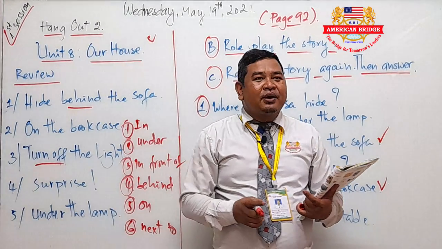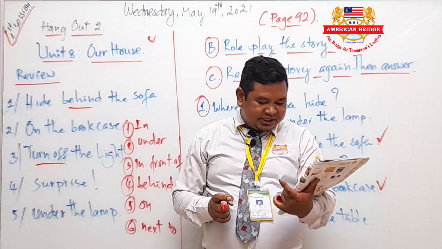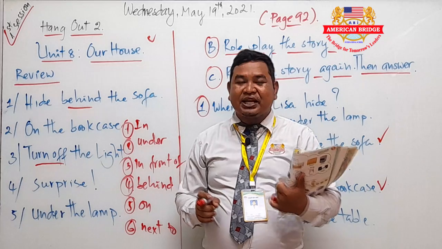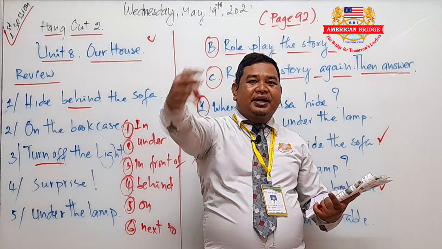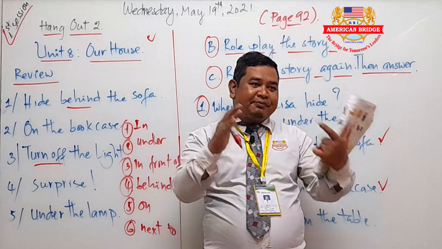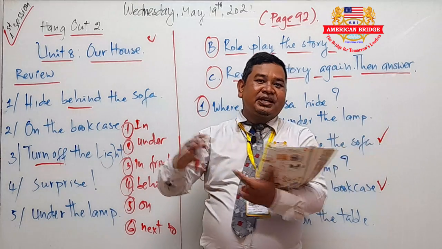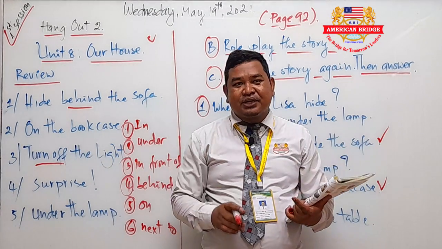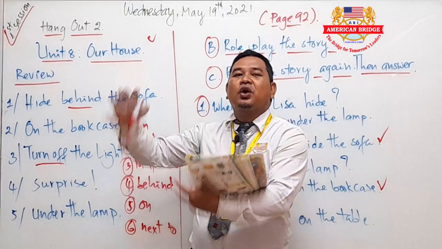Where do I put my television? I put my television in front of my living room. Where do I put my sofa? I put my sofa next to the refrigerator. This is up to you, you can put something anywhere in your house.